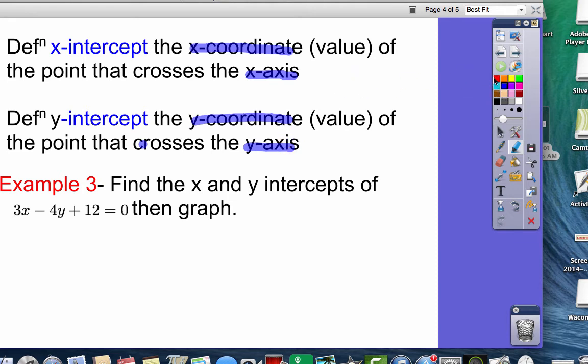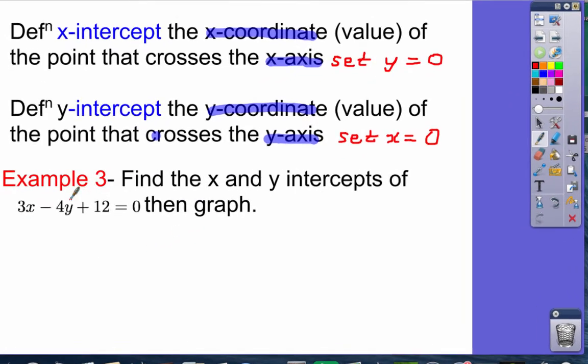Okay, so the big key here is when you look for the x-intercept, you set y equal to 0 always. If you want the y-intercept, you set x equal to 0. And then we solve. So we'll find two different ordered pairs. So find the intercepts and graph.